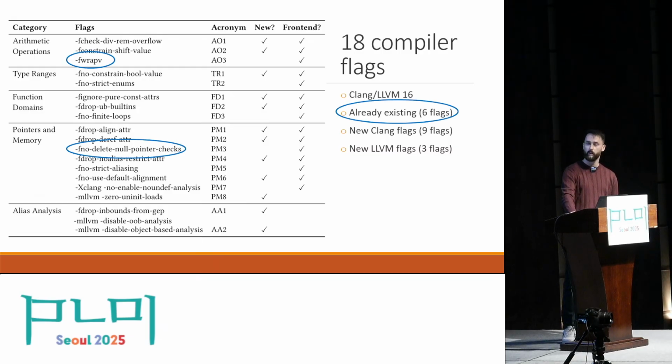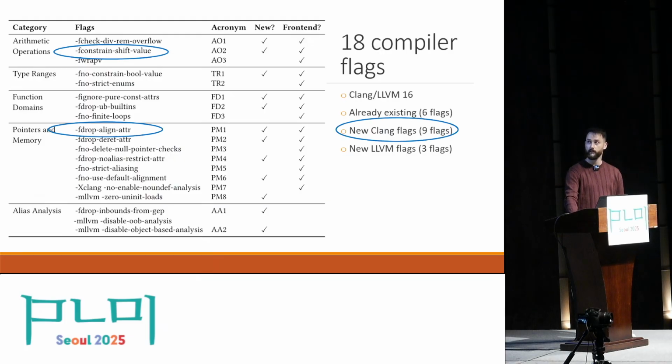We started with a copy of Clang 16, which already implemented 6 flags like -fwrapv, which gives defined semantics to signed integer overflow, and -fno-delete-null-pointer-checks, which allows storing and loading from the null address. We also added 9 new flags in Clang, like -fconstraint-shift-value, which protects us against shift overflows, and -fdrop-align-attribute, which protects against misaligned loads and stores.